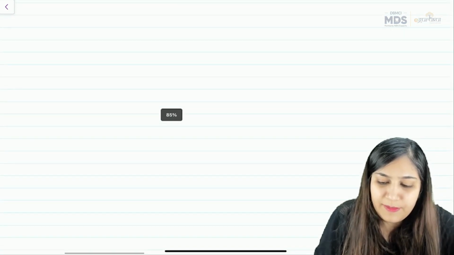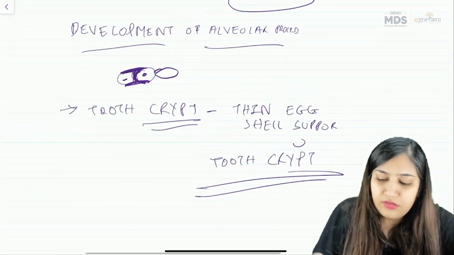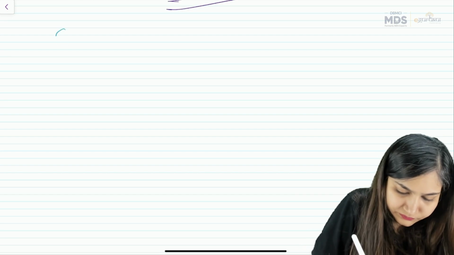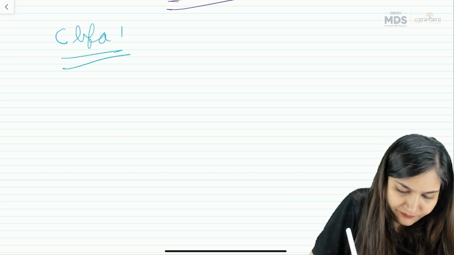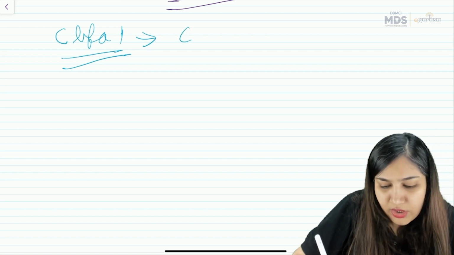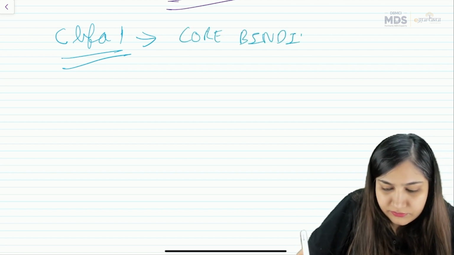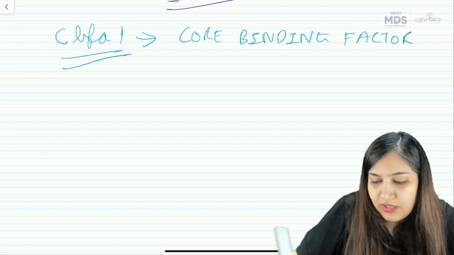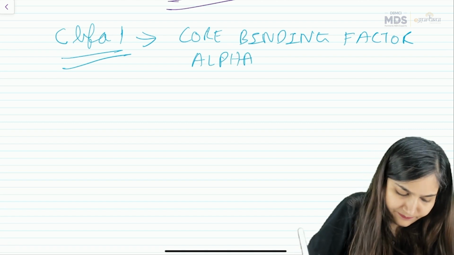One more factor may be involved. You can be asked this as an MCQ question sometimes, right? Which factor is involved? CBFA1, core binding factor alpha 1.